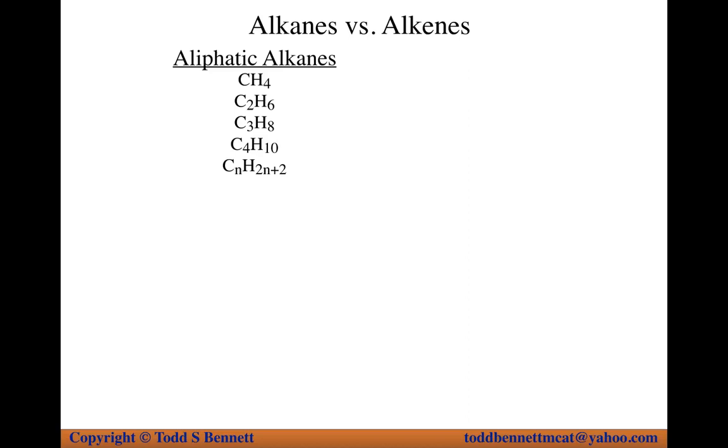So what that means is the maximum number of hydrogens are on the carbons. Looking at these formulas, if I have one carbon, the maximum number of H's it can have is 4 because it makes 4 bonds. If I have two carbons, like C2H6, then each carbon is making a bond to another carbon, so it only has 3 more bonds to go to hydrogen.